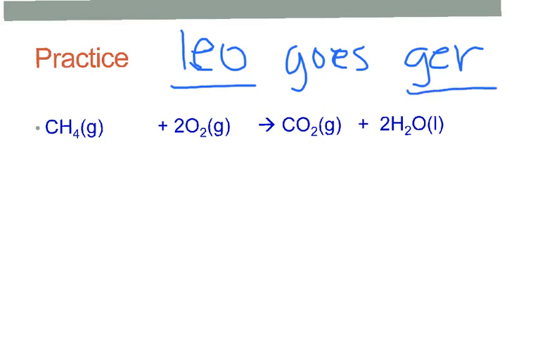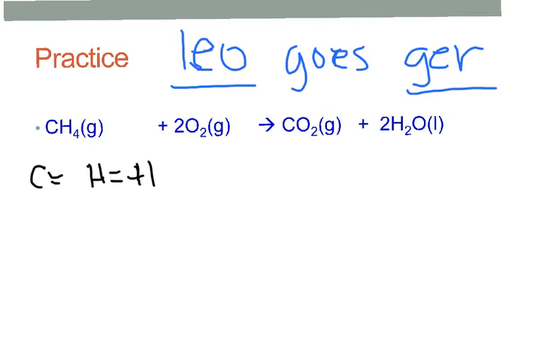Alright, so let's deconstruct methane here. We have carbon and we have hydrogen. You know that hydrogen has a +1 charge because this is a covalently bonded molecule, so it's two nonmetals together.